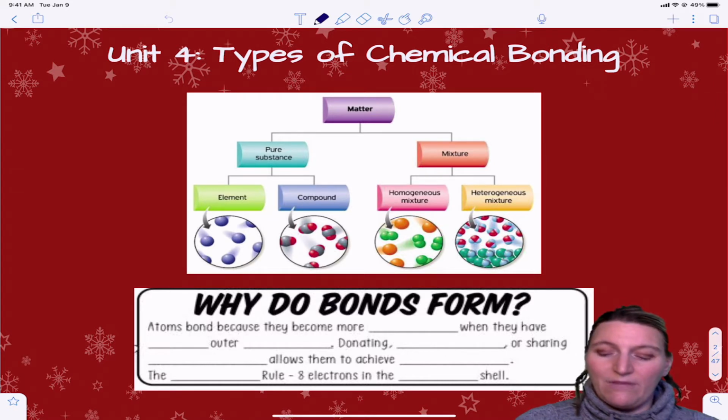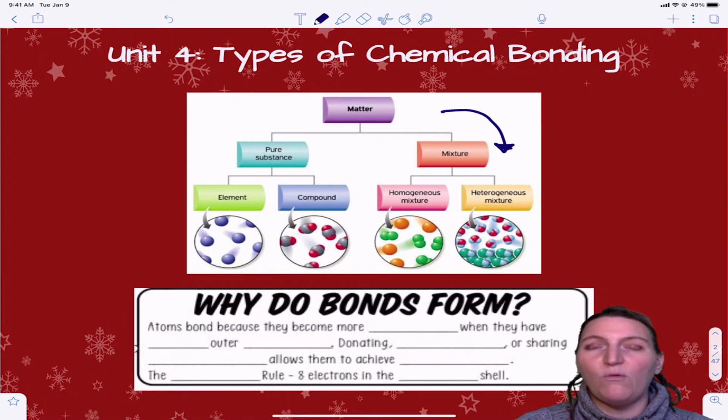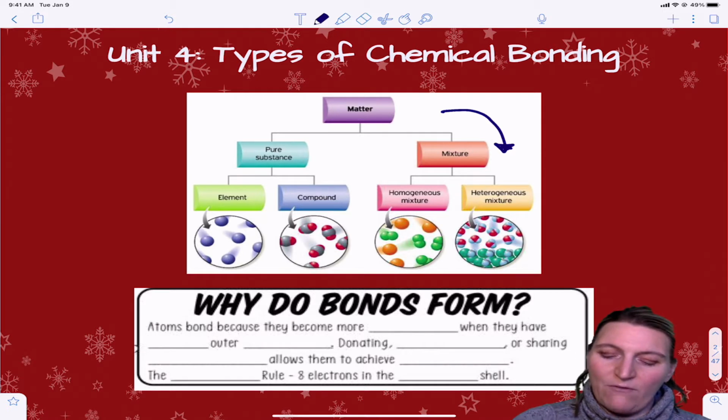At the beginning of the year, we talked about matter in general, and we spent some time talking about mixtures, the difference between homogeneous mixtures and heterogeneous mixtures. For the most part, up until now, we have been focusing on the elements.